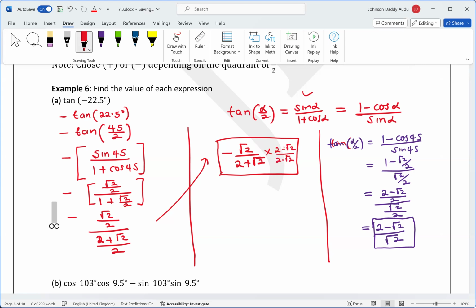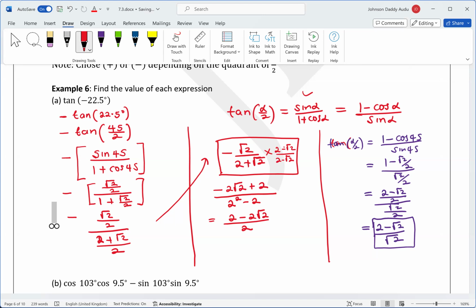So if you do that, we will have, so this will become minus 2 root 2, right? Then plus 2. And now the denominator is just going to be 2 squared minus 2. So this is just going to be 2 minus 2 root 2 over what?